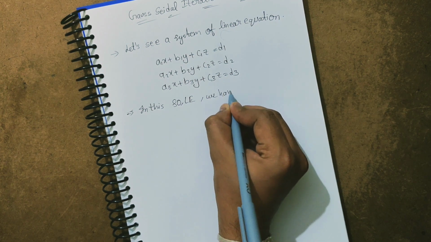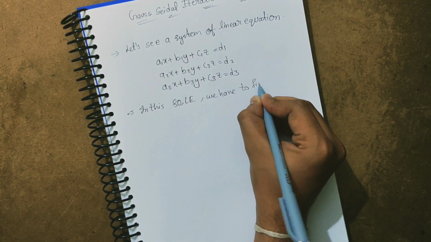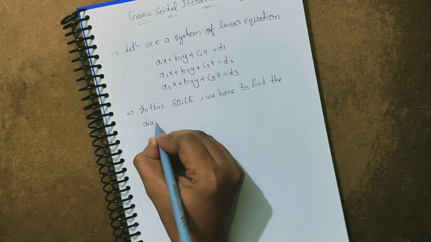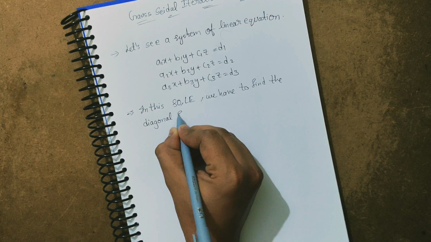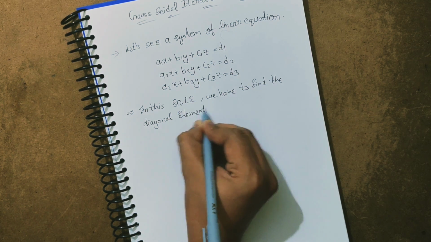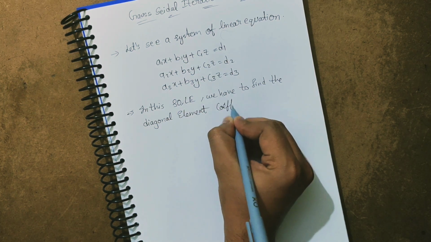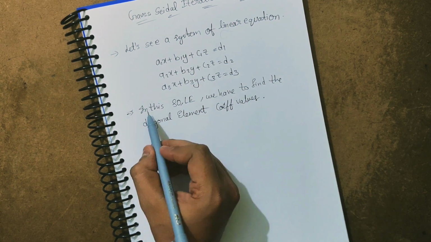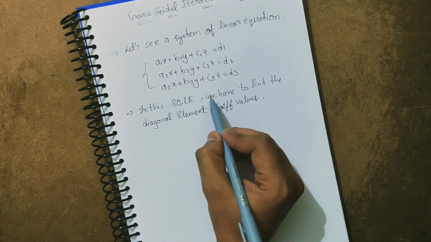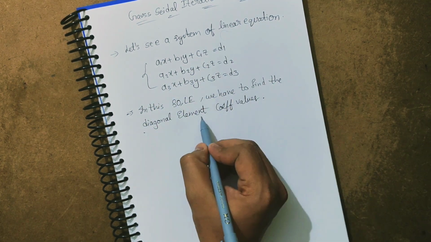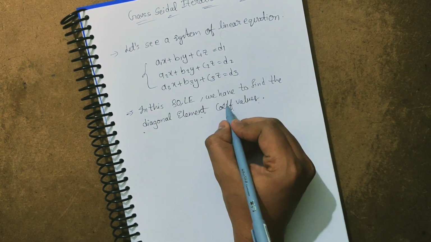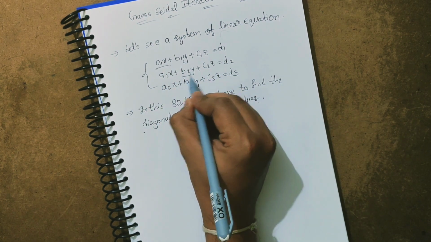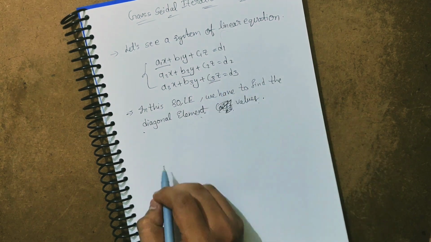we have to find the diagonal element coefficient values. Okay, what we have to find in this system of linear equations, we have to find the diagonal element coefficient values. Diagonal element values. So this is a diagonal element, this is a diagonal element, this is the diagonal element.